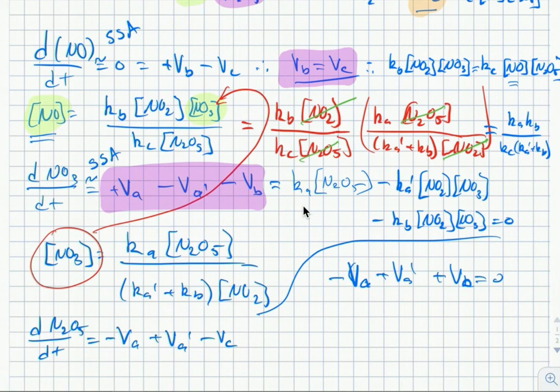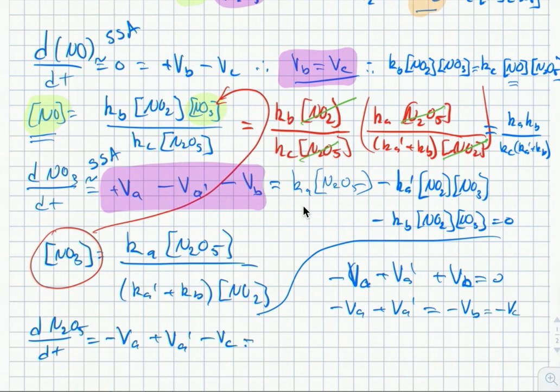And we know that VB equals VC, so that we end up with negative VA plus VA prime equals negative VB, which has to equal negative VC.